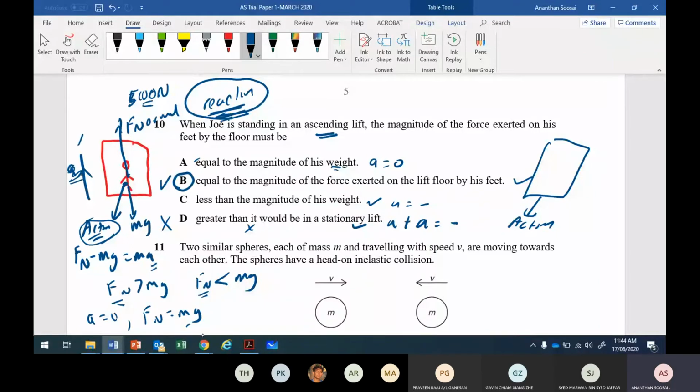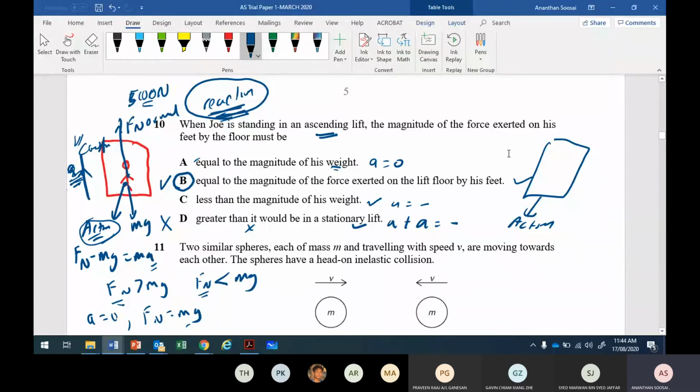If ascending with a constant speed, then the reaction is the same as the weight. If ascending with acceleration, then the reaction is going to be bigger than the weight. If ascending with deceleration, the normal force can be smaller than the weight. So there are possibilities.